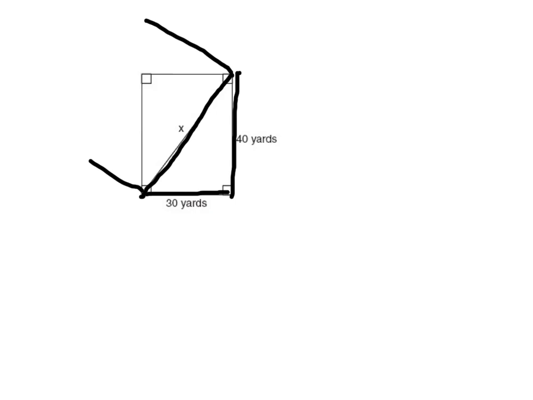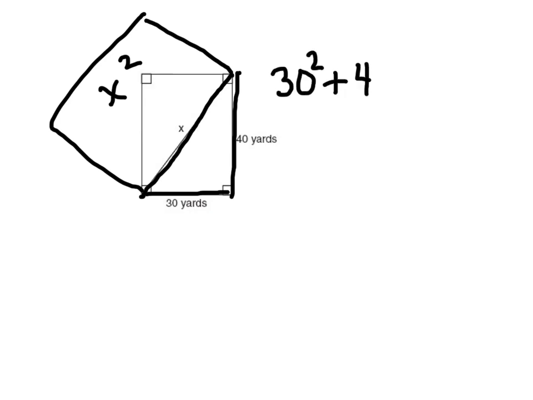So that large square, its area would be x squared. Okay? So to find that, we're going to take 30 and square it, add 40 squared, and that would equal x squared. So you see, we don't always have to use a, b, and c, as long as we understand that in our theorem this would be a and this would be b, or vice versa, but this x would be c.